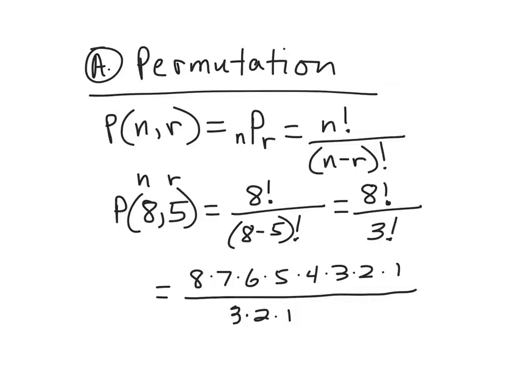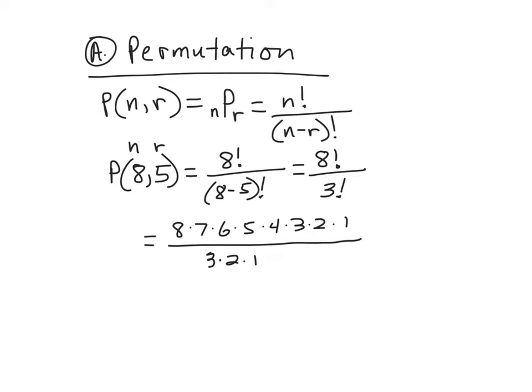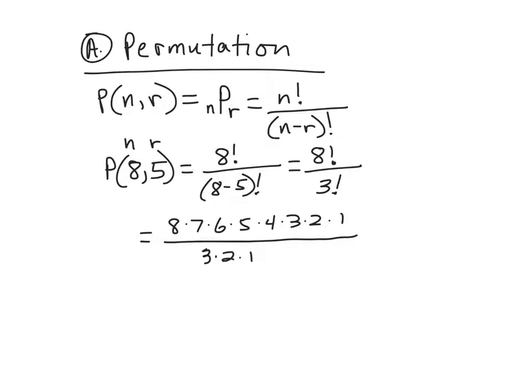Now right here, this very next thing that I'm going to do is really going to give you a good idea behind what a permutation is. Watch this. 3 times 2 times 1 is going to cancel with 3 times 2 times 1.